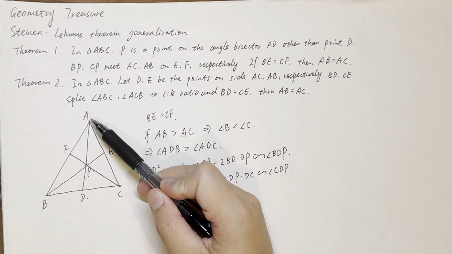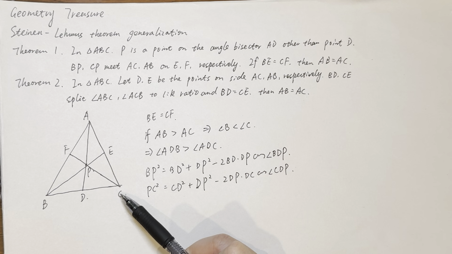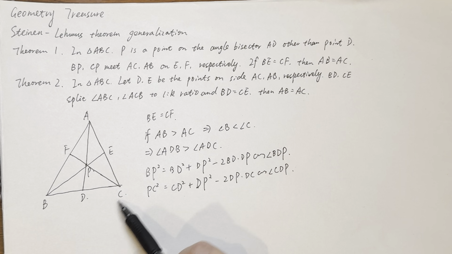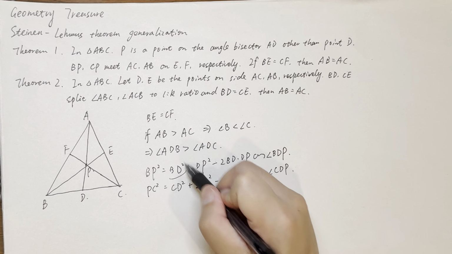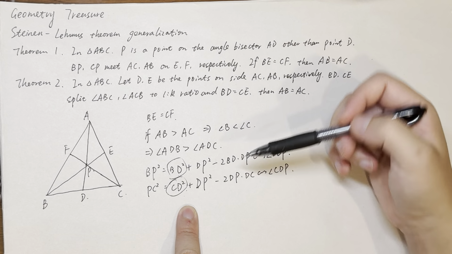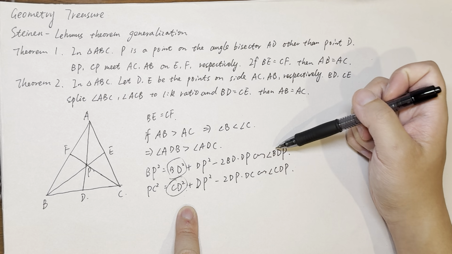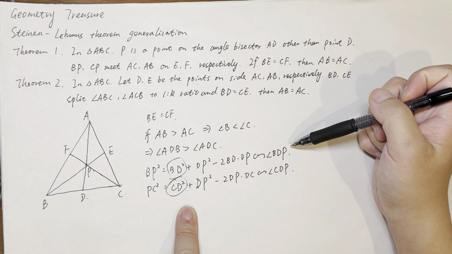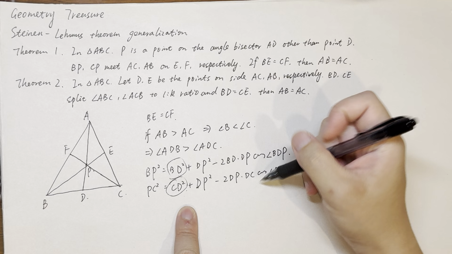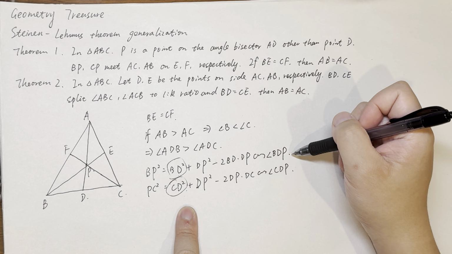Because AB is larger than AC and AB to AD equals AC to CD, we know that BD is larger than DC. And also because angle BDP is an obtuse angle, the cosine of angle BDP is a negative number.